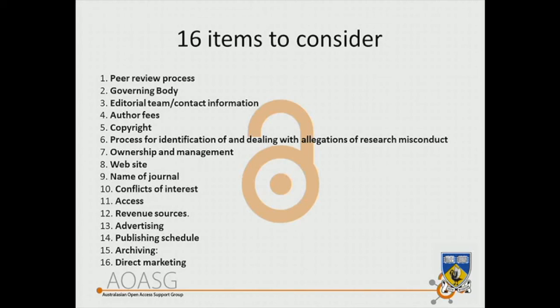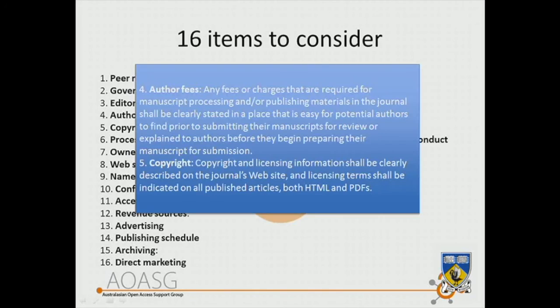Nobody ever thought that one should try and regulate all these banks. The truth was you had to give people tools to understand that they were not legitimate, and this is what we've tried to do. They include things, for example, like just two I've put up here, one around author fees and one around copyright. If somebody asks you to submit a paper to them, these are the types of things you should be using to think about.